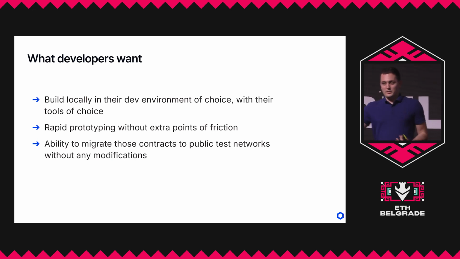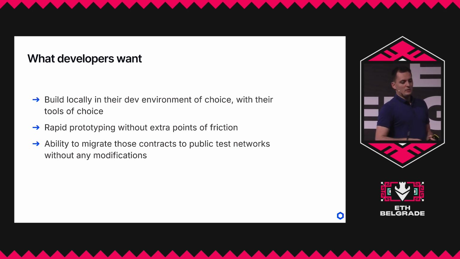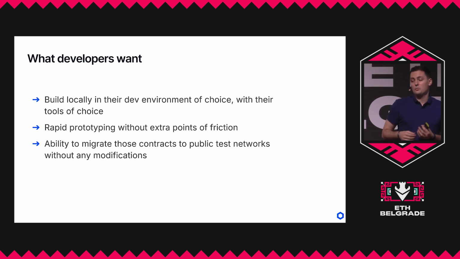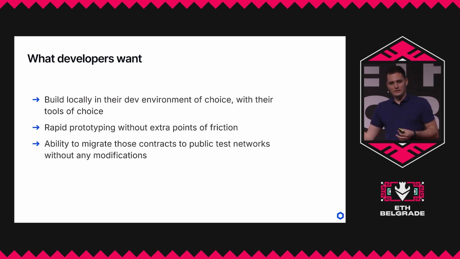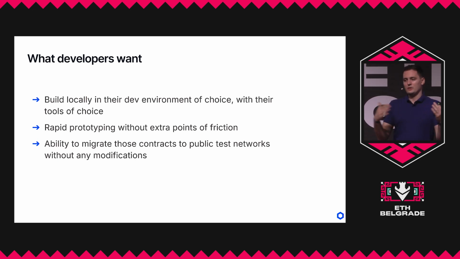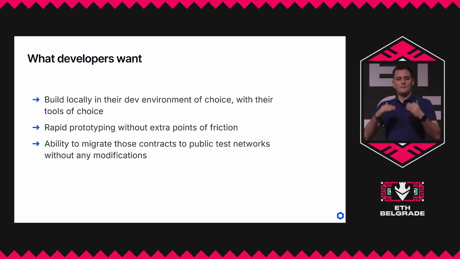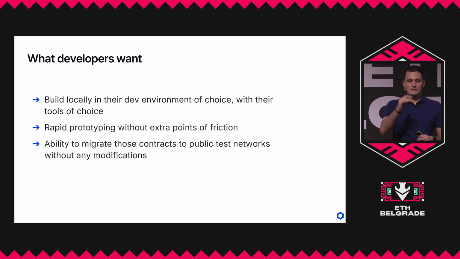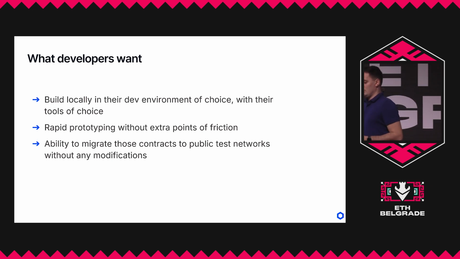Then what developers want is rapid prototyping without any extra points of friction. So we added custom functionality, like requesting LINK from a faucet, so in your local environment you have LINK tokens, all the tokens, everything. You just work on your code, run a test, see a bug, fix it, log, and all of that.